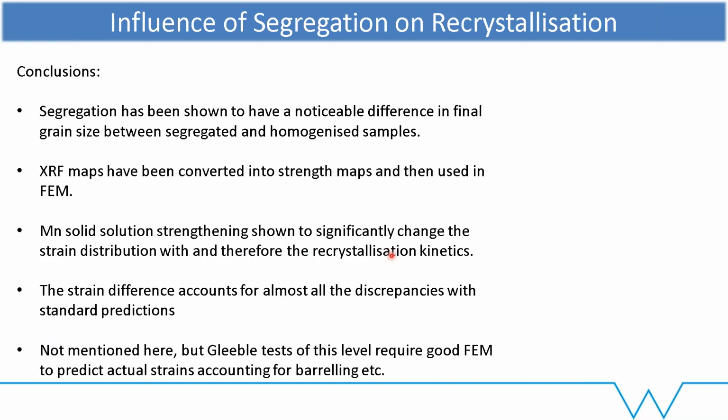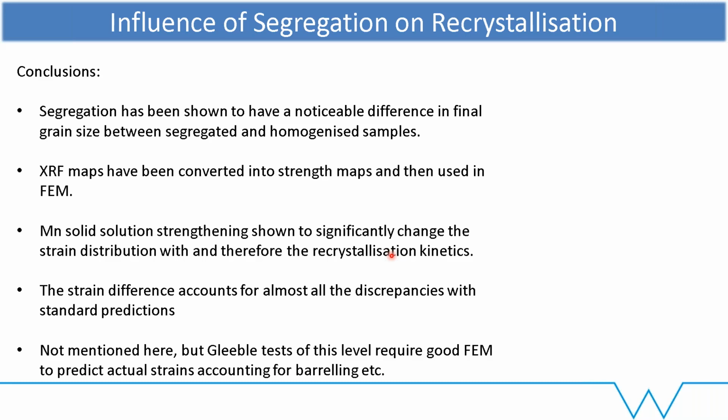So to conclude this case study, we've shown that segregation really has a real tangible influence on the recrystallization kinetics, and you need to do this combination of Gleeble tests and sectioning and homogenization to really get a feel for how much it's impacting. And that's one thing that I must say that we don't see a huge amount of in literature.